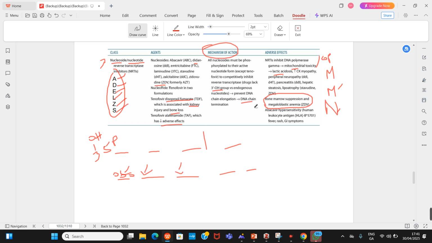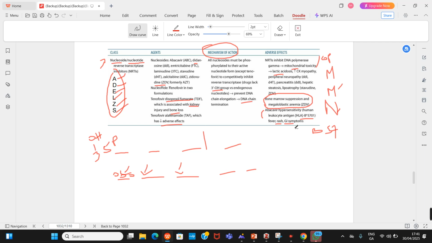Zidovudine destroys bone marrow. And of course, abacavir hypersensitivity in people with this HLA genotype, HLA-B*57. So once you have HLA-B57 and you take abacavir, it is a problem. Immediately they take it, they will develop rash, GI symptoms, and the likes.